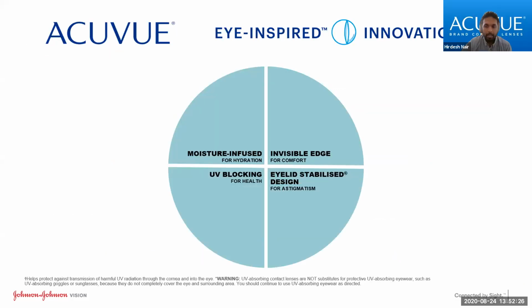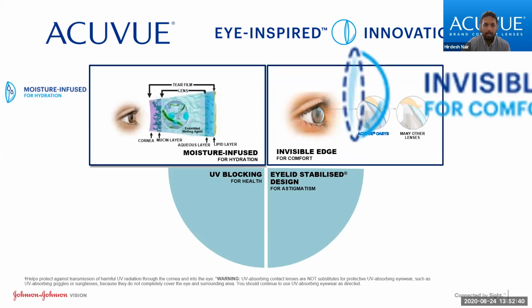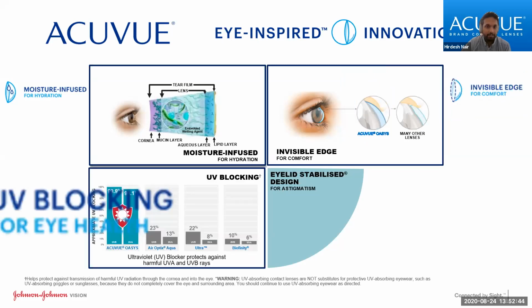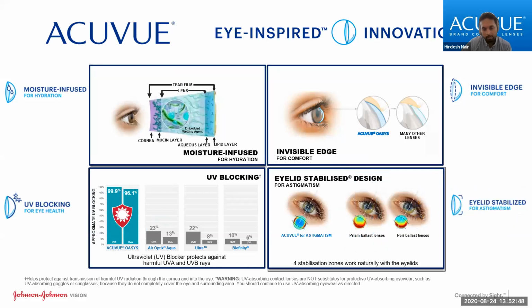So I think this is a good time to recap what we've gone through in part 1 and part 2. First of all, if we start with just the philosophy in terms of our R&D team, we talk about how we're able to bring how the eye works, the different elements of the eye, and integrate it into our products.